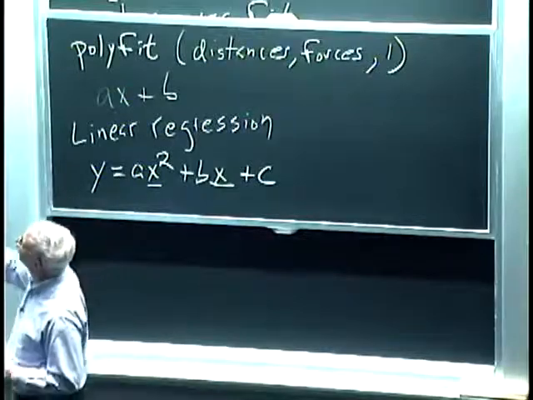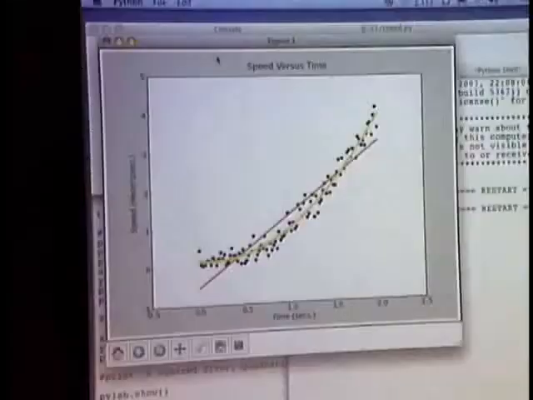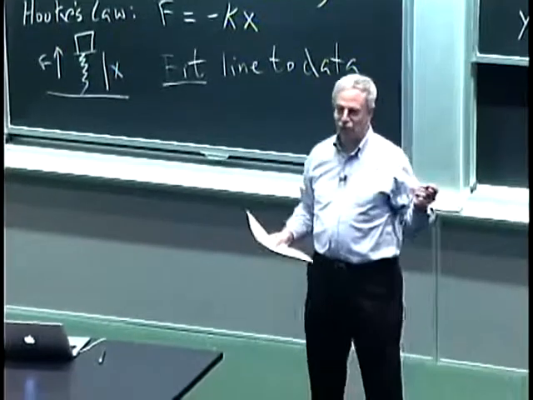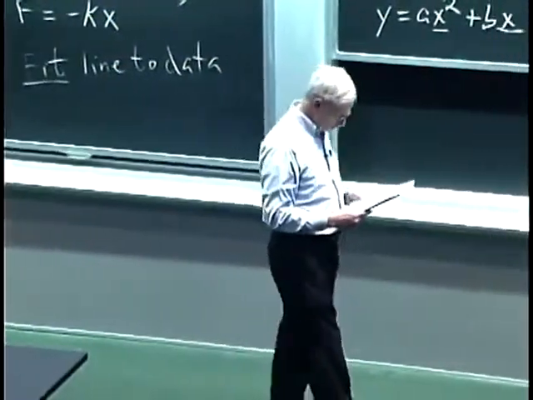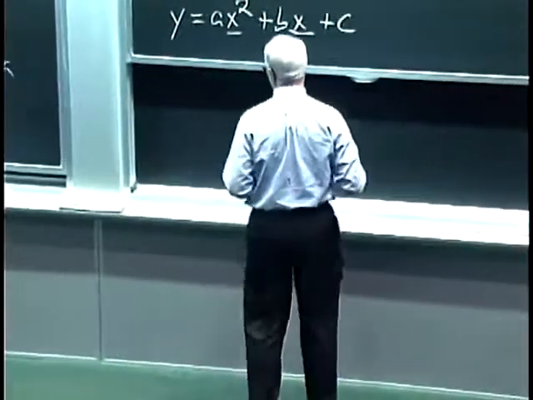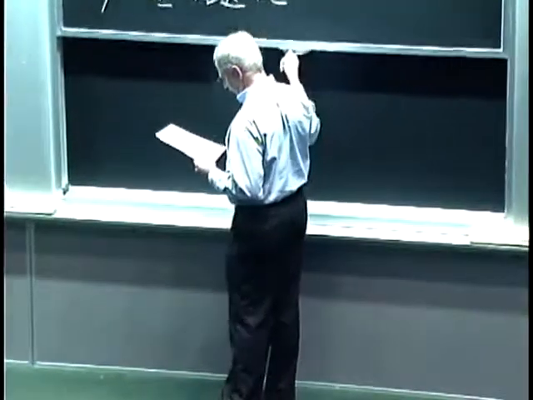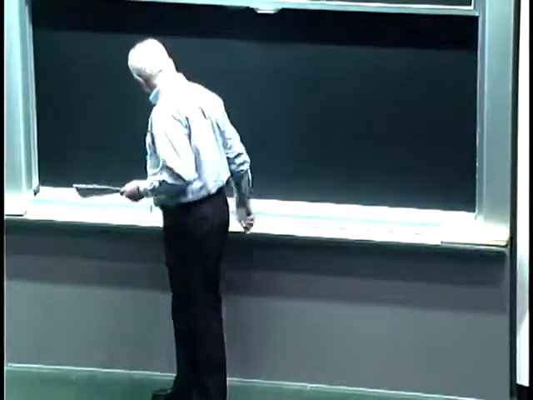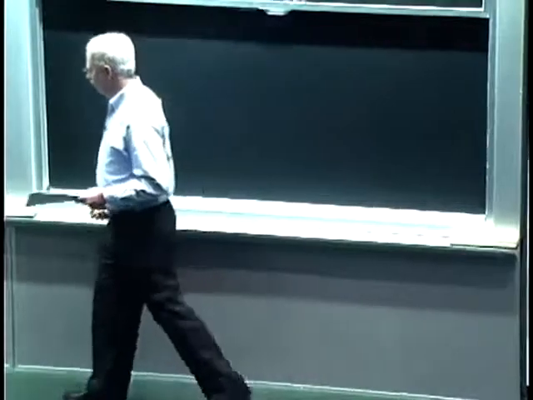Now, when I looked at this, I said, all right, it's clear that the yellow curve is a better fit than the red line. But that was a pretty informal statement. I can actually look at this much more formally.